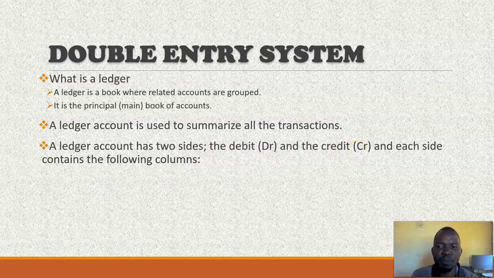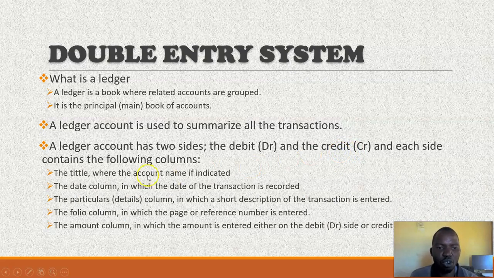And depending on the format, all the sides may contain the following columns. 1. The title. Every ledger account will have a title, where the account name will be indicated.